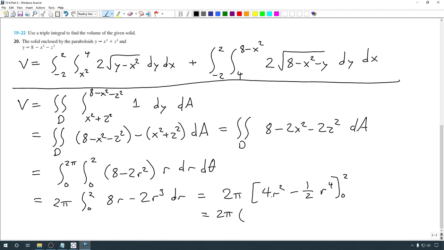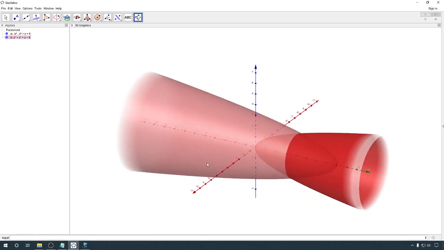When we plug in 2, we have 4 times 4, which is 16, minus half of 16, which is 8. So that becomes an 8 times 2 pi, or 16 pi. So actually, not too bad. Definitely a lot nicer than what we had originally. So this gives us a way to compute volumes of these solid objects that might otherwise be a little bit more complicated to do.